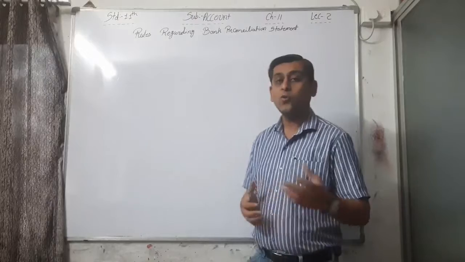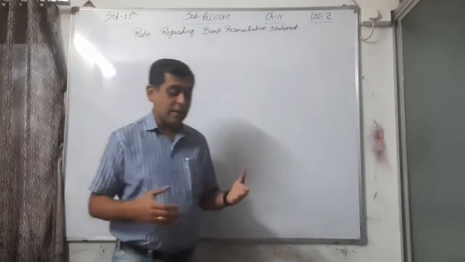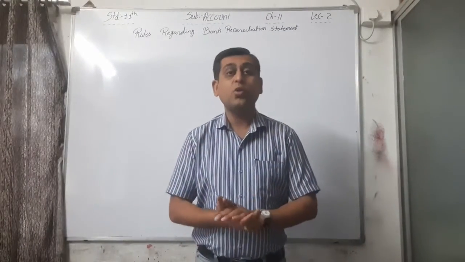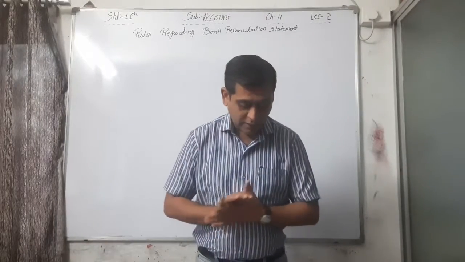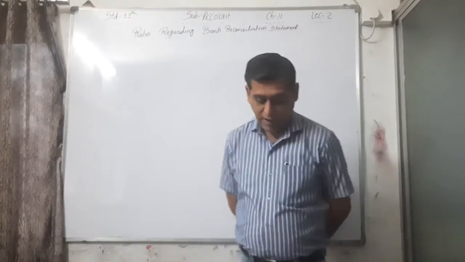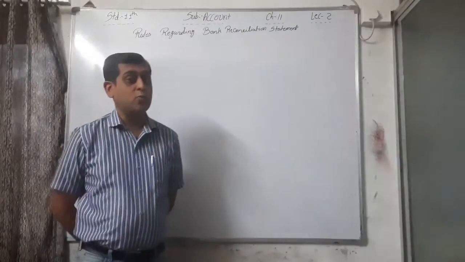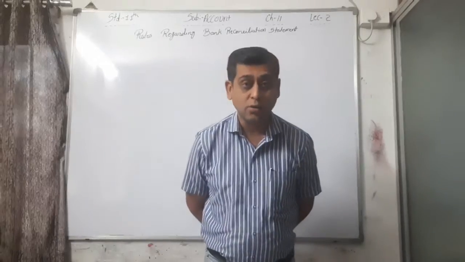In our last session we completed points 1 to 6, and I told you to read the 7th point, reasons for difference for the bank balance between cash book and passbook. I hope you all read that also.